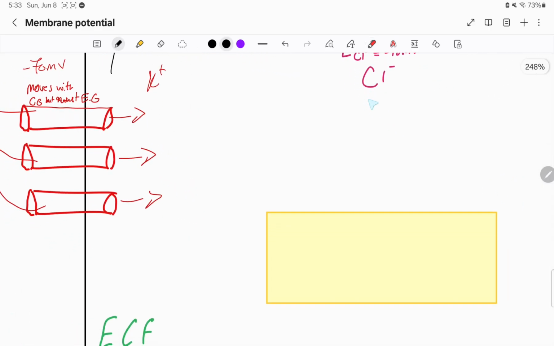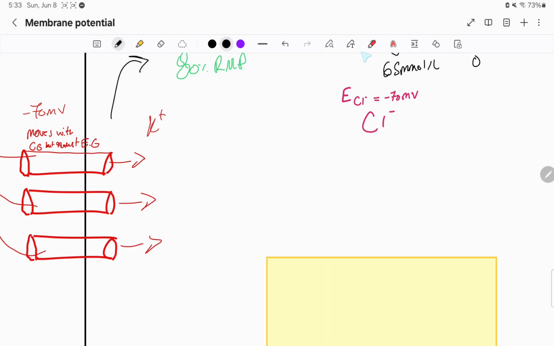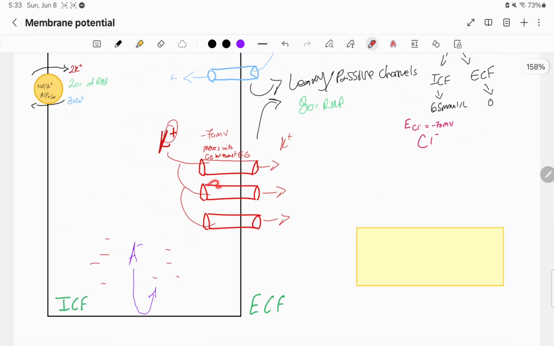And the reason for chloride in this case is because the equilibrium potential of chloride is -70 millivolts. Hey, doesn't that sound familiar? The inside of the cell is -70. So there will be no net movement of chloride in or out of the cell, aka it will have no effect on our membrane potential.